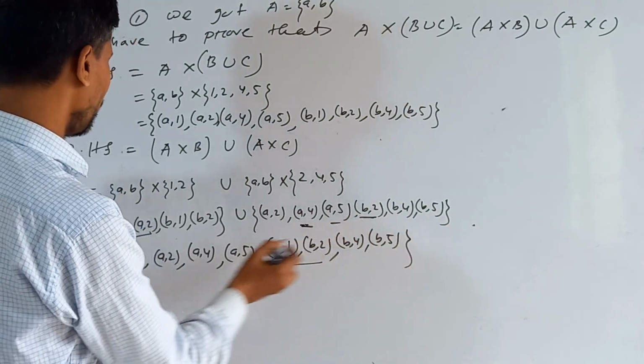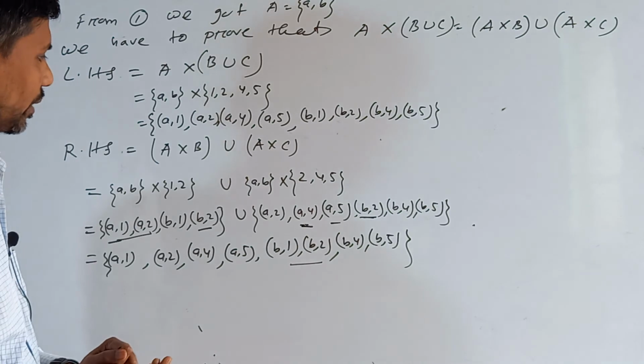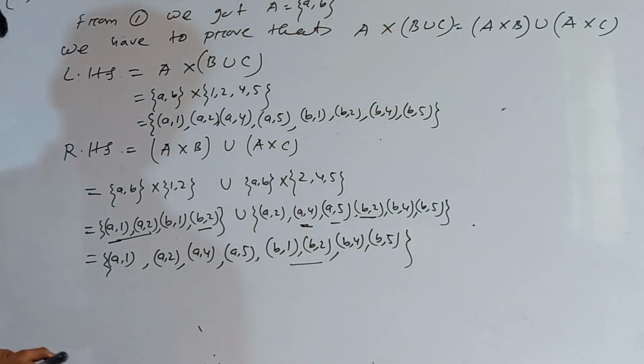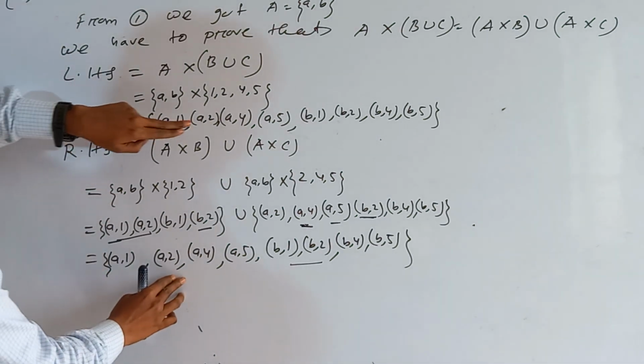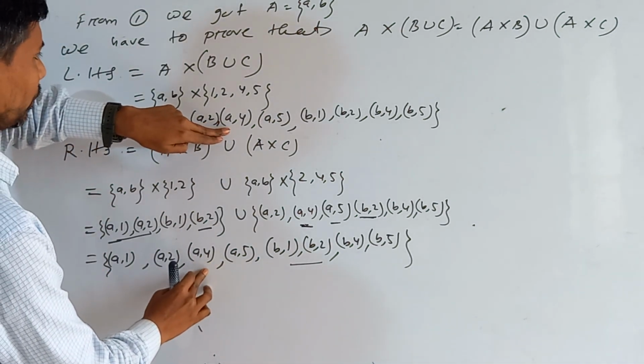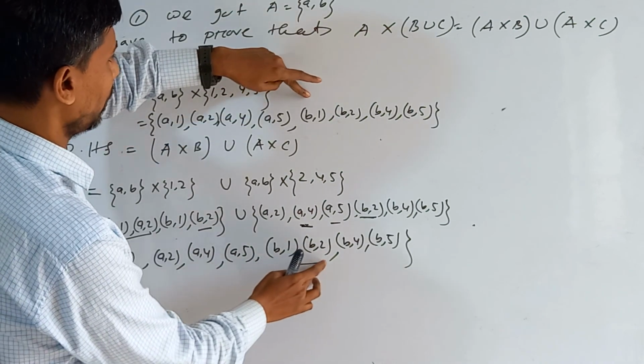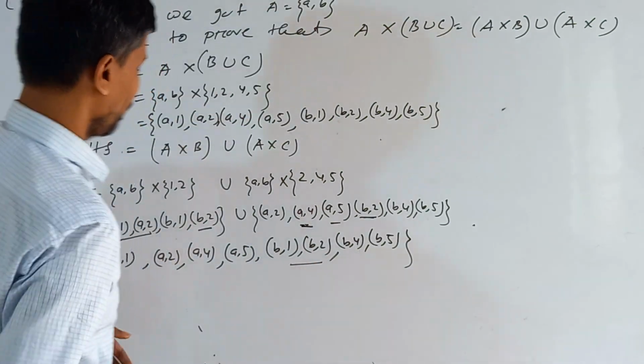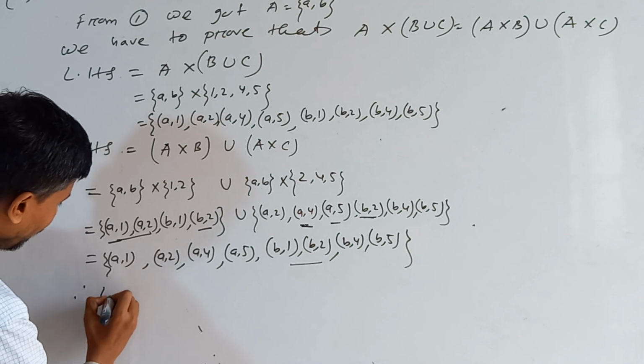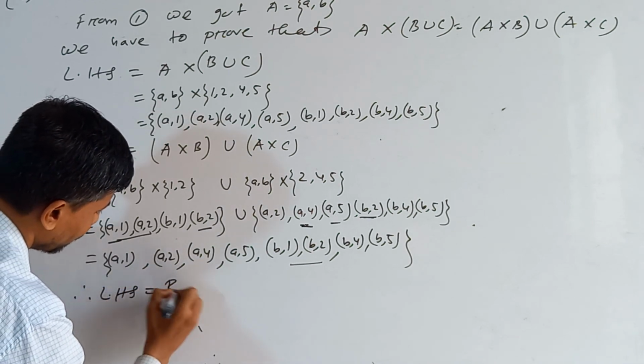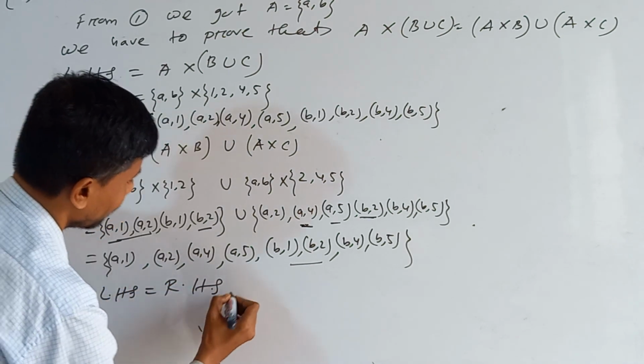Here is also b2 and here is also b2, so I have taken only one. You can easily understand that the left hand side and right hand side are equal: a1, a2, a4, a5, b1, b2, b4 and b5. Now right here, left hand side equals right hand side.